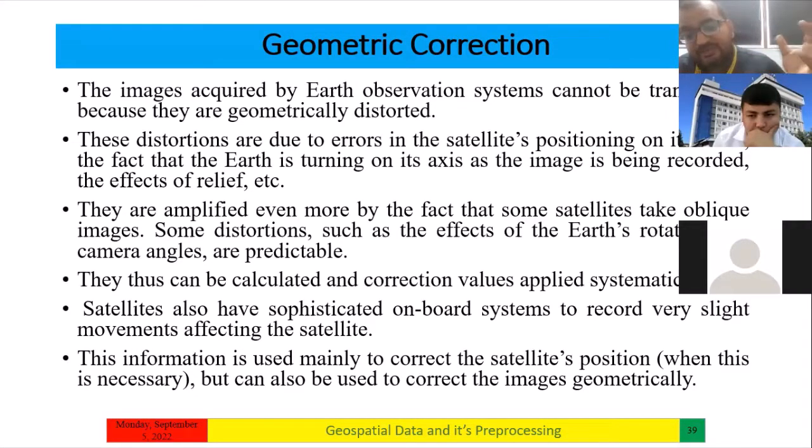For a particular pixel, the exact location may not be given, and some 0.3 or 0.5 meter of error will be there. That error can be removed with the help of geometric correction.